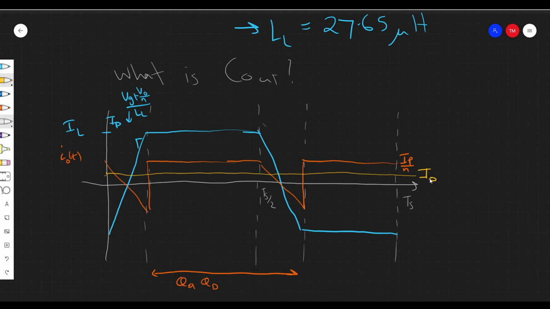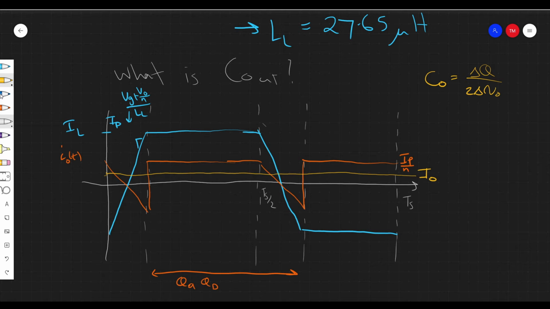Typically, to size the output cap, we find the charge, and we say that C out is equal to the charge over 2 delta V out. The problem says 2 delta V out is 100 millivolts. So we just have to find the Q that we inject into the output cap and divide it by that voltage to determine what the capacitor should be.